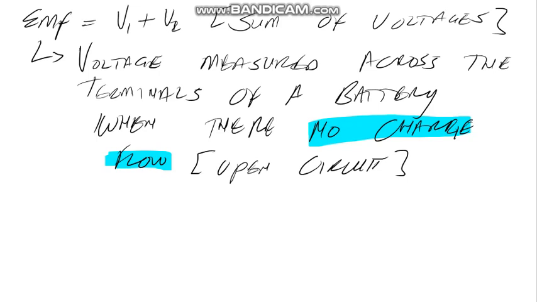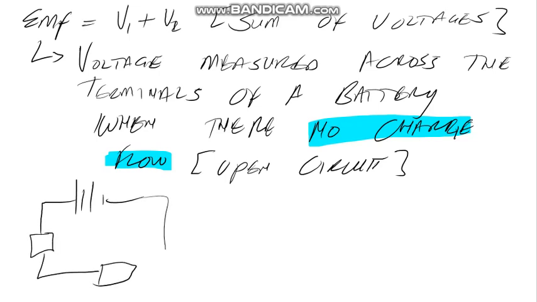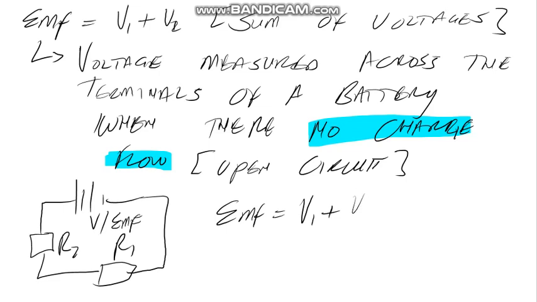So I was explaining the voltage, the EMF. Let's say you've got a circuit with two resistors, R1 and R2, and also the voltage, or you can say EMF. The EMF will be equal to V1 plus V2 because it's a series circuit.